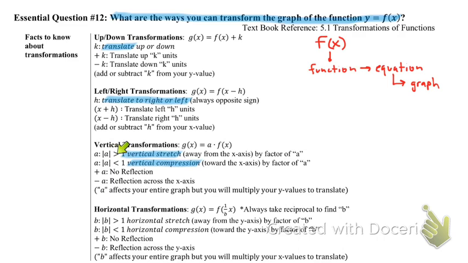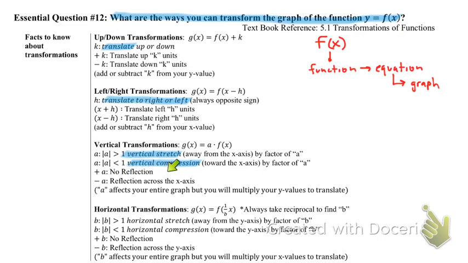If a is greater than 1, regardless of the sign, we're ignoring the positive or negative sign, we call this a vertical stretch. If a is smaller than 1, so that we're thinking of a fraction, we're going to compress. Again, these are just rules that when we get into more examples, I will show you how this works.